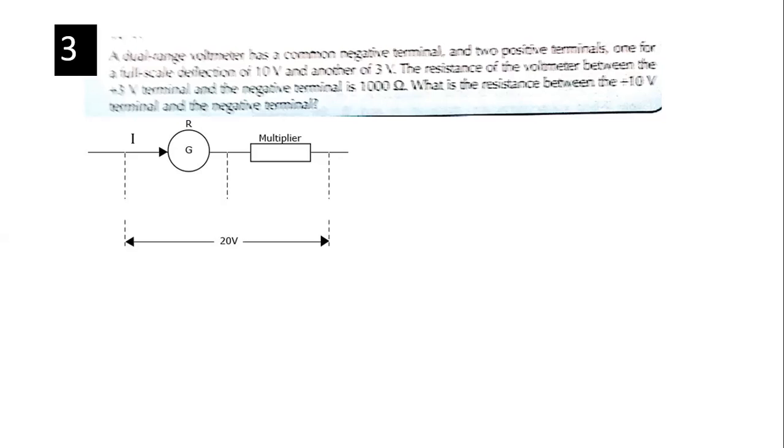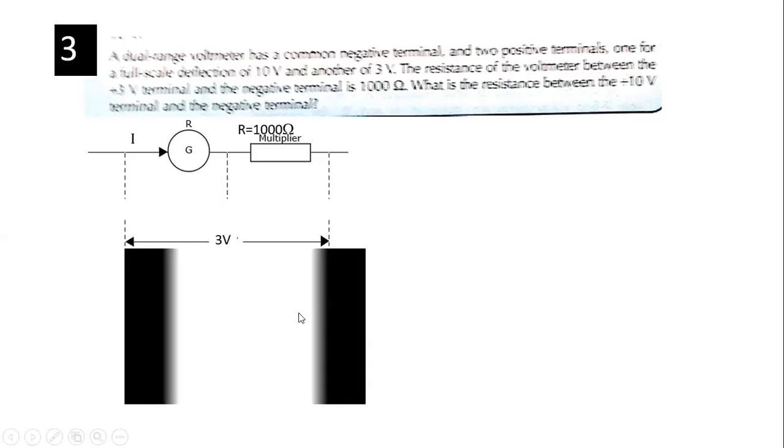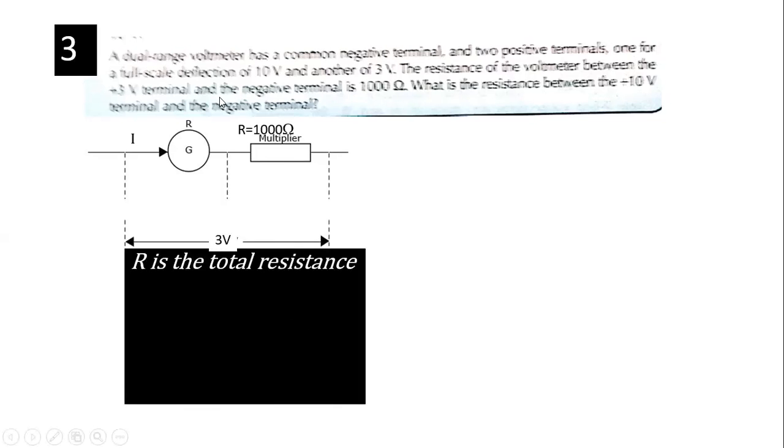So you don't need to worry about that. 1000 ohm is given for the multiplier, where this is 3 volt. Calculate total resistance R. That one is most likely 0.